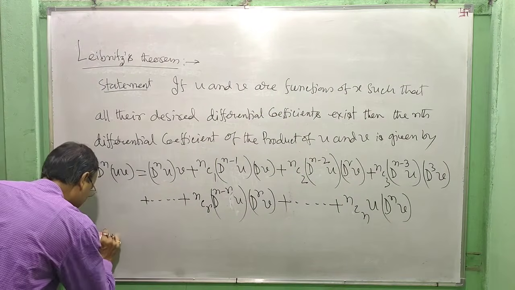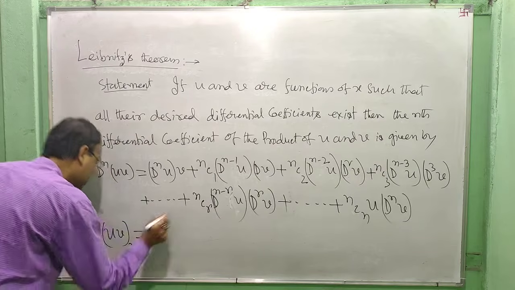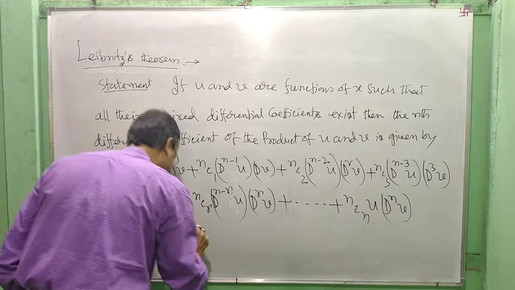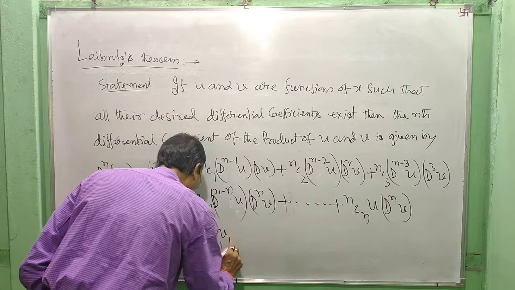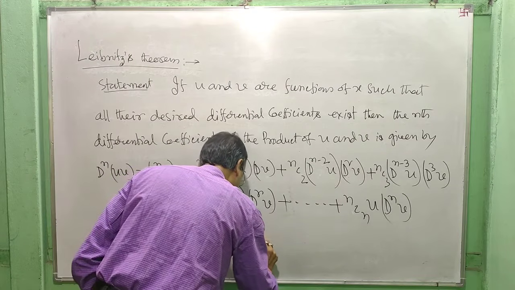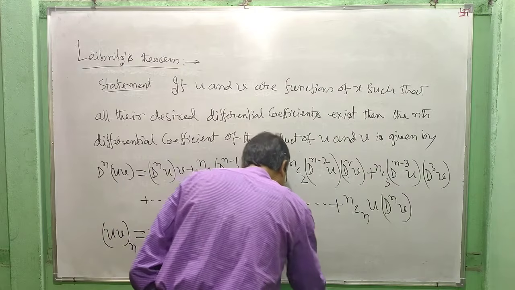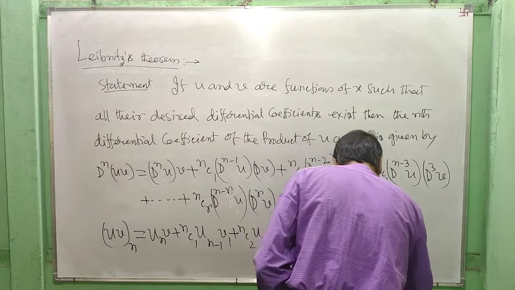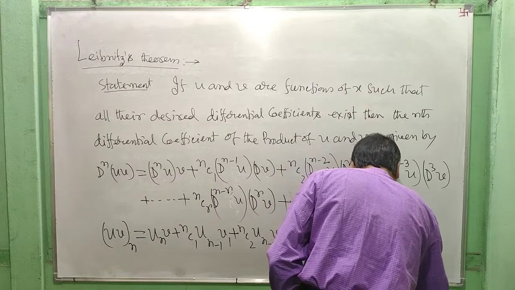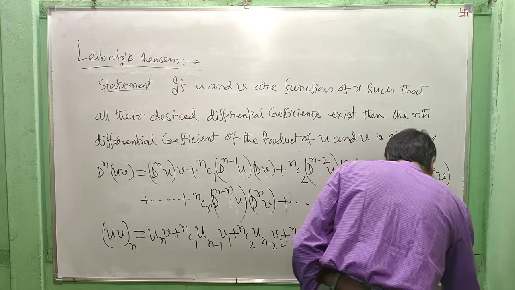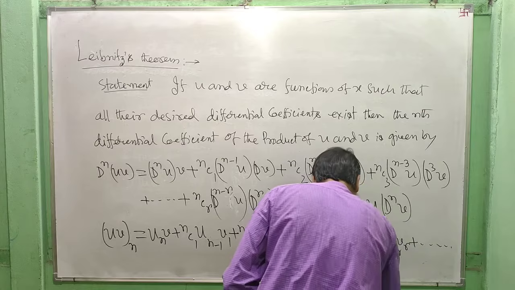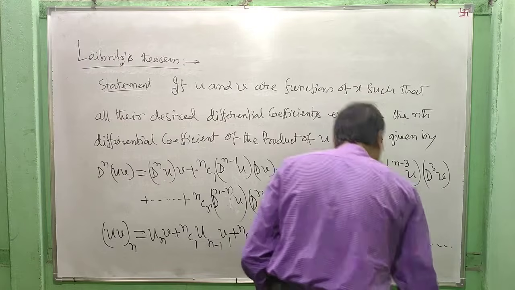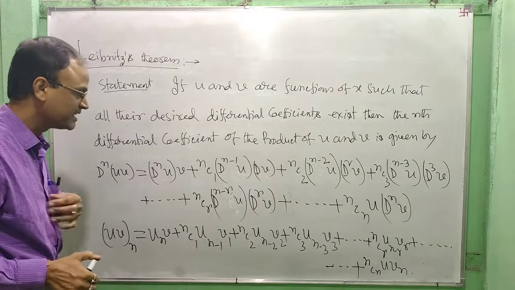This can be written as (uv)n equal to u_n v plus nC1 u_(n-1) v1 plus nC2 u_(n-2) v2 plus nC3 u_(n-3) v3 plus dot dot dot nCr u_(n-r) v_r plus dot dot dot, and finally the last term is nCn u v_n.